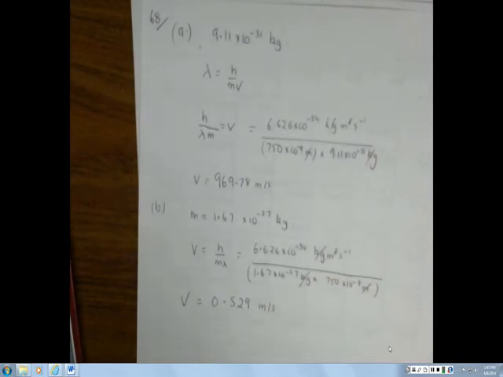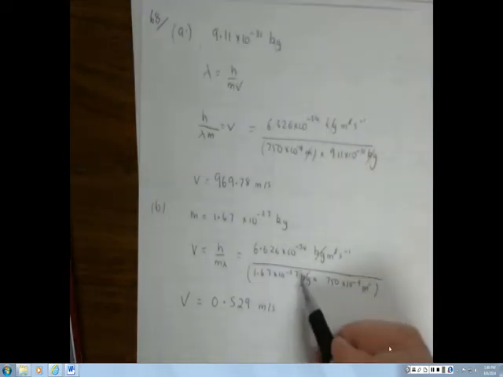Let me have a look here. 6.626, second function e to the minus 34. Divide brackets 750, second function e to the minus 9 times 1.67, second function e to the minus 27. Close the brackets. Well, I got the same thing twice.